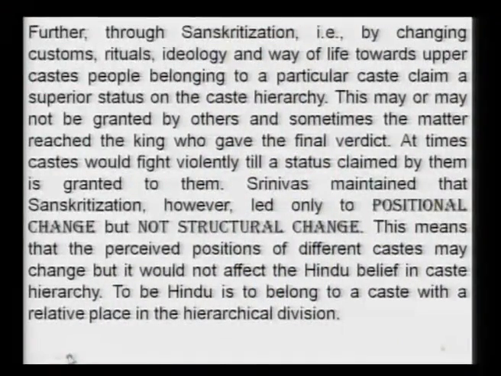This means that the perceived positions of different castes may change, but it would not affect the Hindu belief in caste hierarchy. To be Hindu is to belong to a caste with a relative place in the hierarchical division.